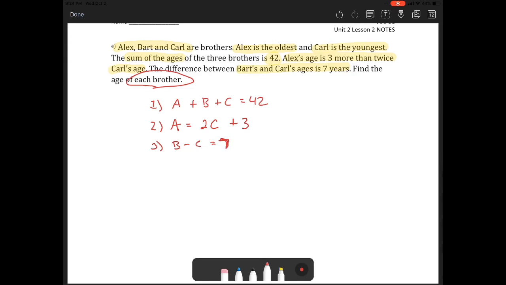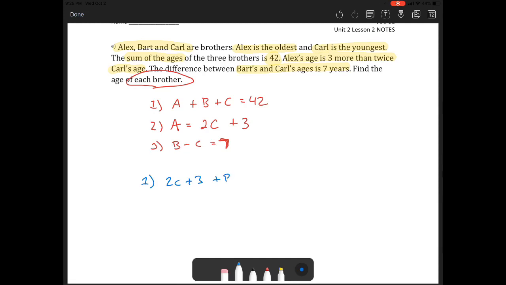So right here, guys, we already have our equations. And we made it really easy on ourselves because one of them already has an isolated variable. So what's going to happen is we have our simple one. We're going to plug in what A is for one of our equations. We're going to plug it in for our first one. So we have our first equation, and instead of A, I'm going to put 2C plus 3.